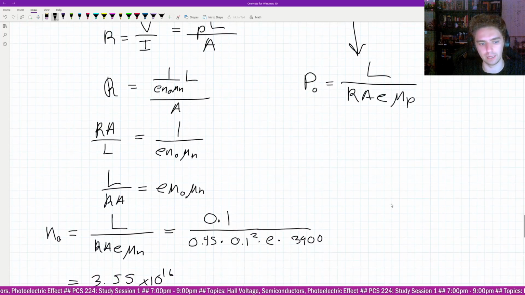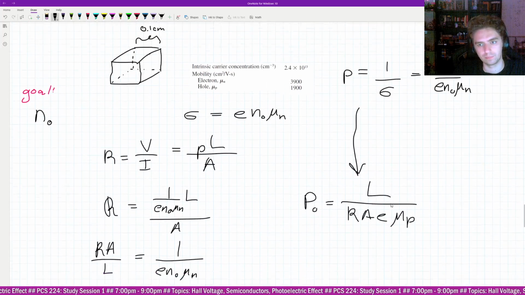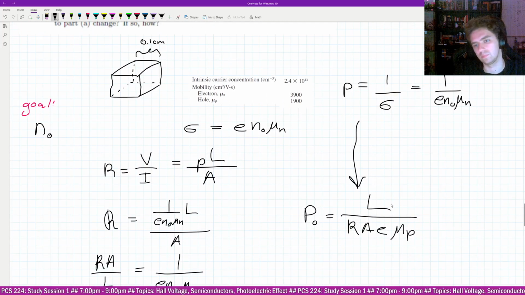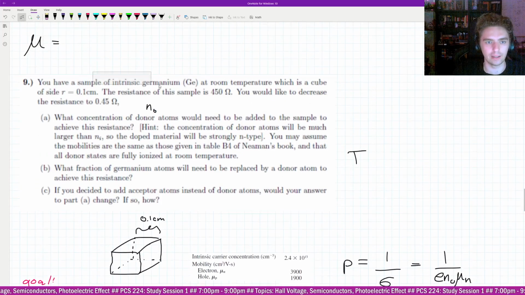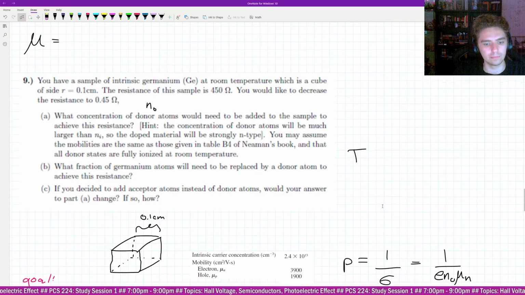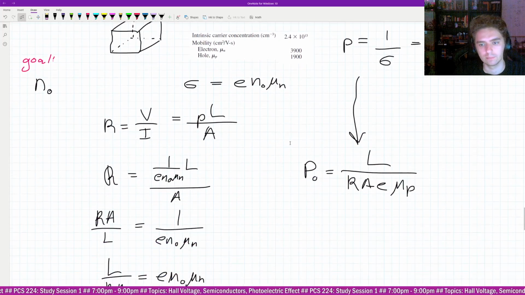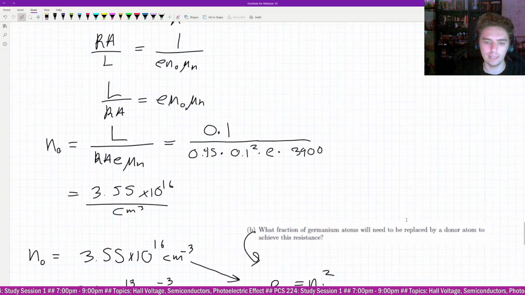Except now you're using that assumption that if you're adding acceptors, then you discredit the other. So you end up with that equation. We're starting out as an intrinsic semiconductor. So you end up with that final expression, and then you just get a different number.